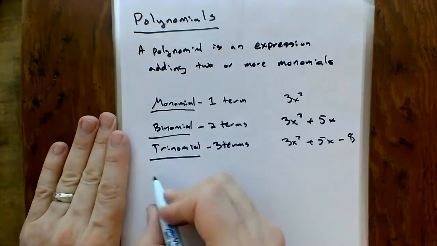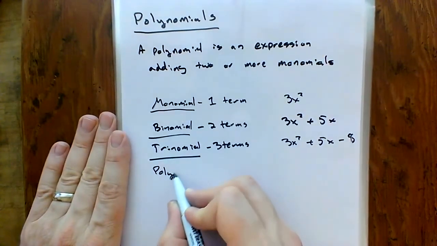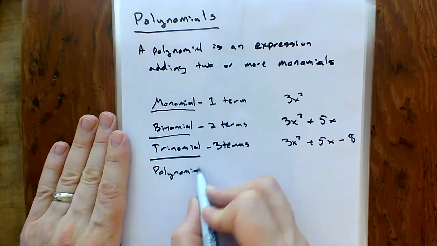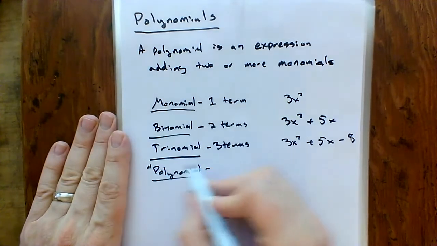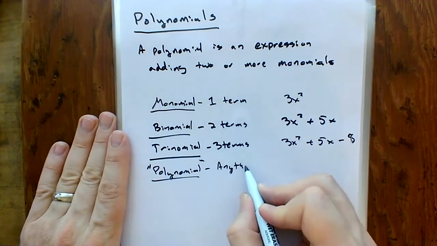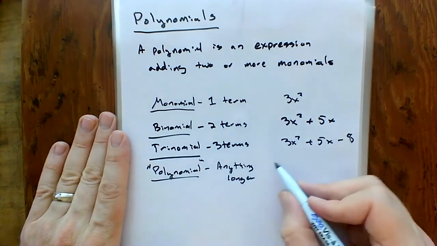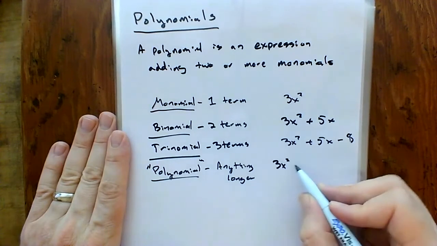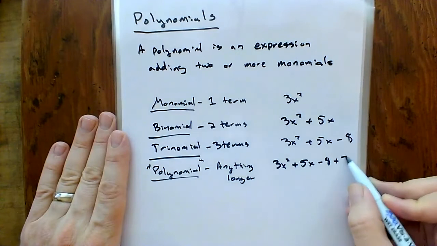Now, technically, we usually just say polynomial. It's kind of a catch-all, and we usually say polynomial for anything longer. So I could have, say, 3x squared plus 5x minus 8 plus 7y.